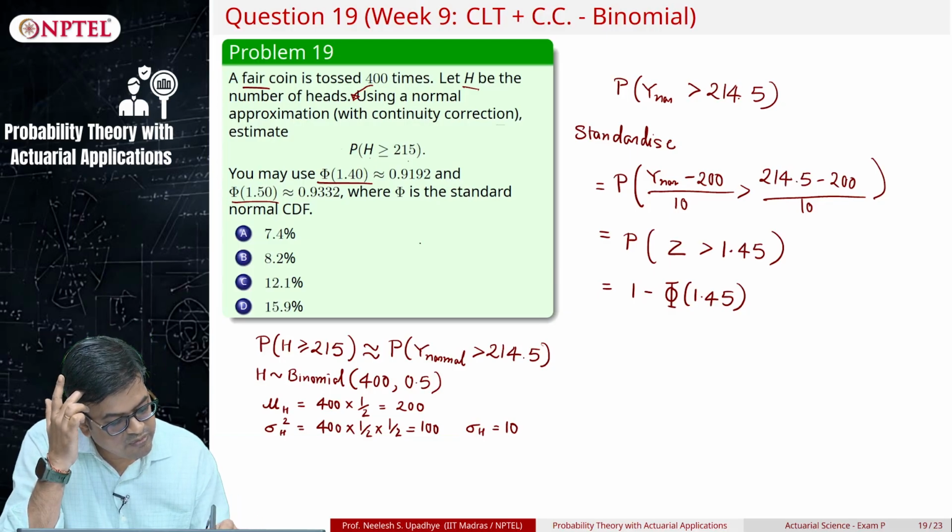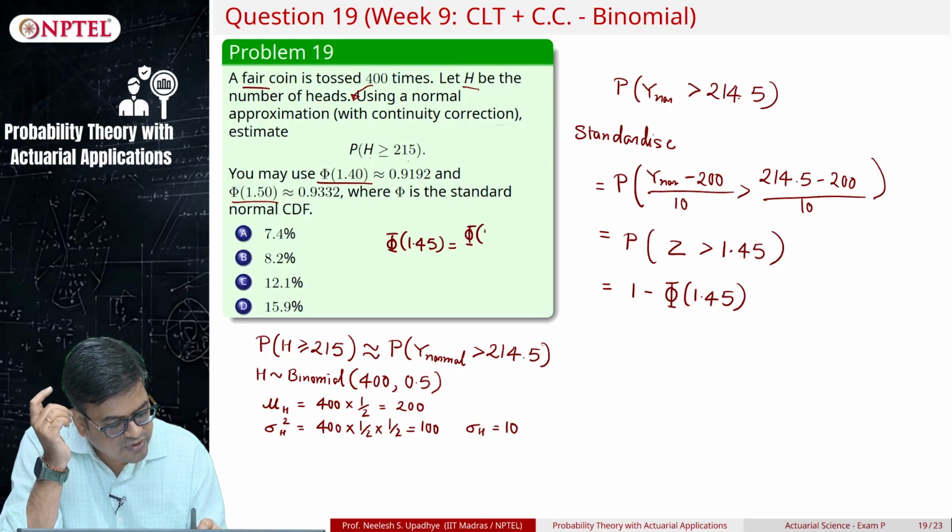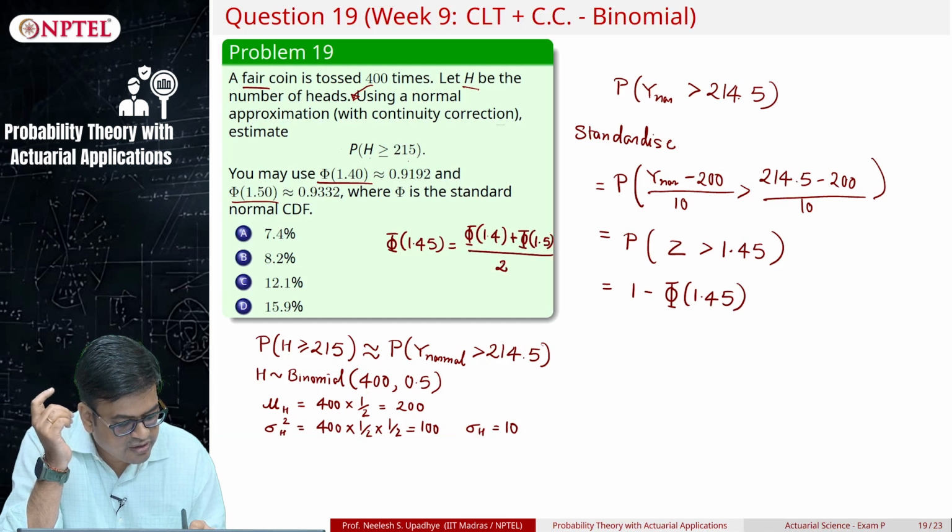Essentially, this function is increasing, that we already know. So, 9132 and 9323. We will approximate phi of 1.45 by considering phi of 1.4 plus phi of 1.5 divided by 2.